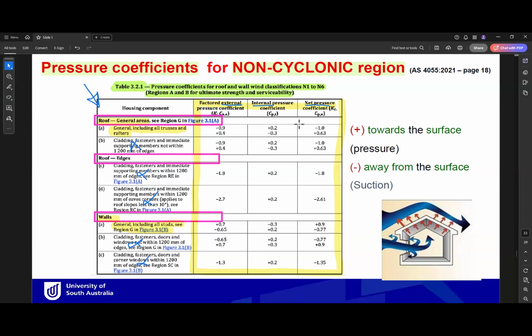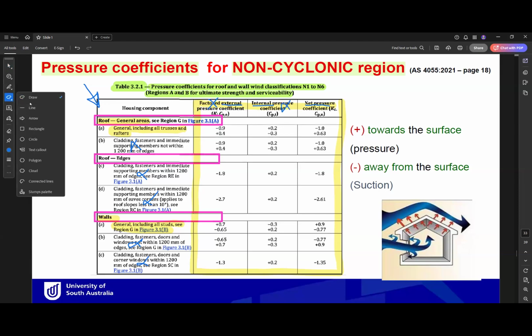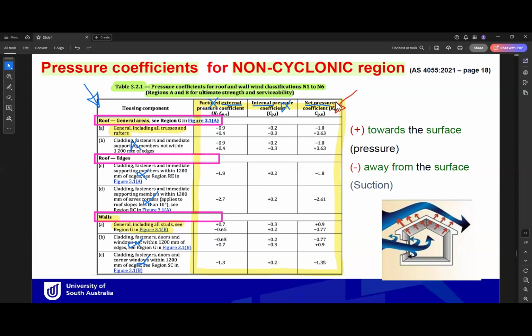If you are designing a real structure, you need to check these three factors. But in our project, for simplification, we will be only working on the net pressure. So no external, no internal, and our focus will be only on the net pressure. We will be calculating the wind load only for the net pressure.